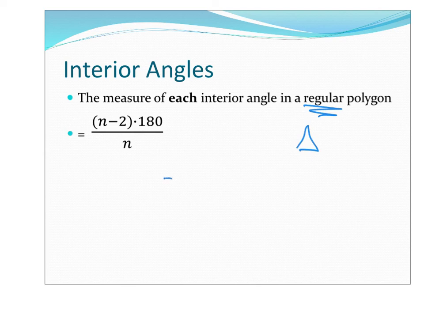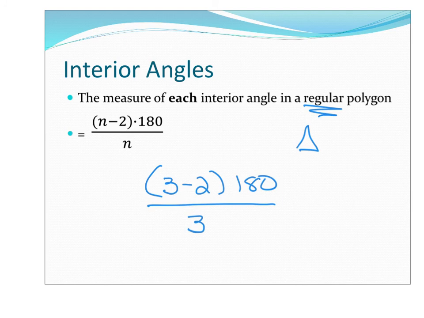So we would do number of sides is 3 minus 2. And then once we do that, we divide it by the number of sides. So 3 minus 2 is 1. 1 times 180 is 180. And then I divide that by 3. And this tells me that each angle in that regular triangle is going to be 60 degrees.